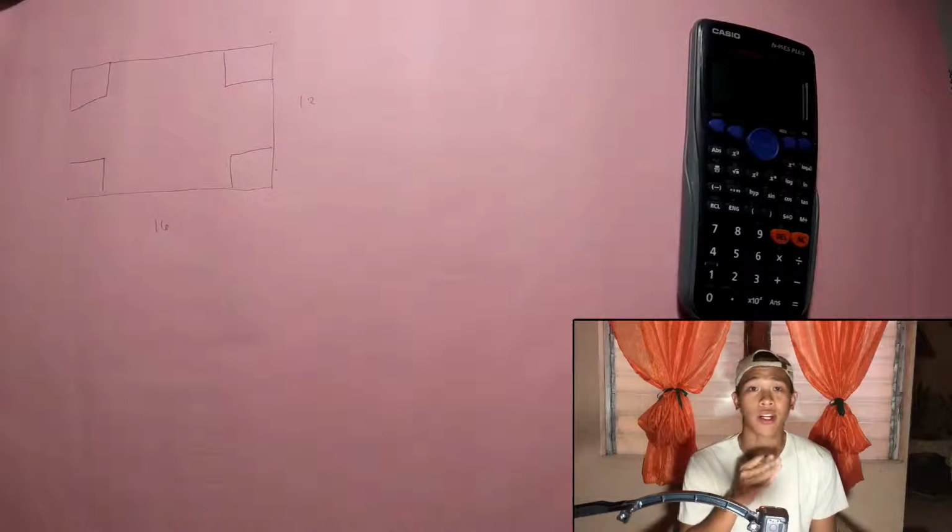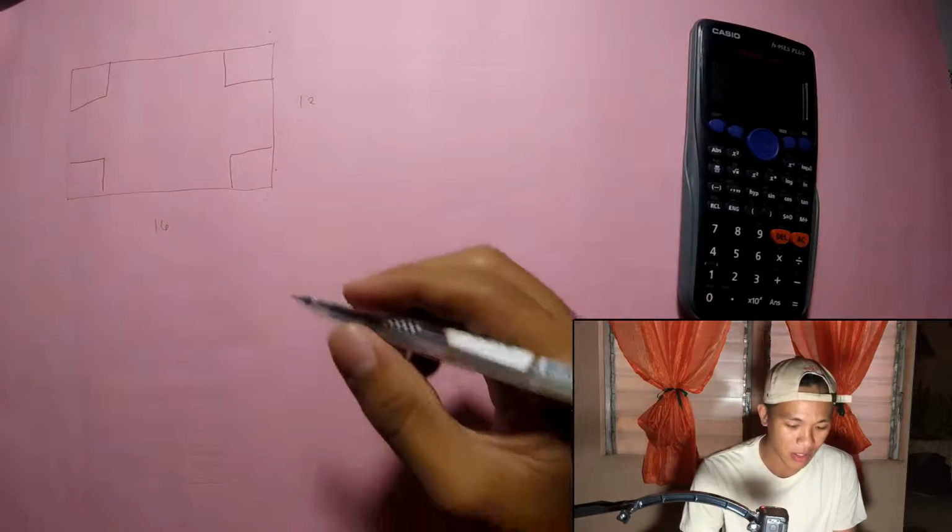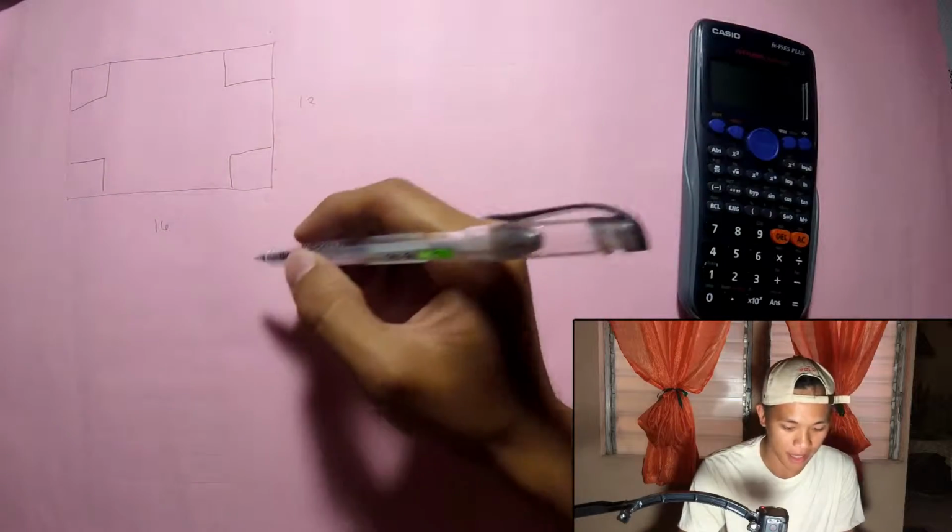So all of these squares in the corners are to be perfect. They are supposed to be the same, but for this illustration, since I am only drawing with my hands, let's just assume that this is perfect. So all of these squares are all the same.